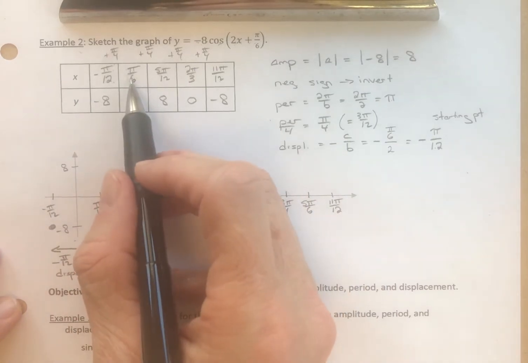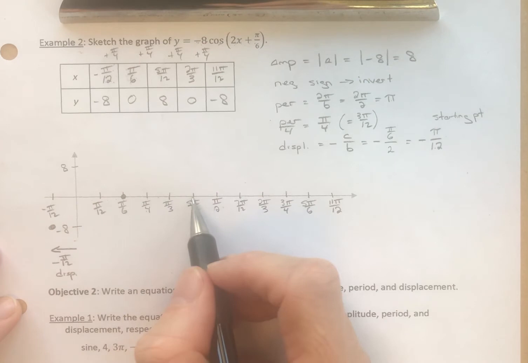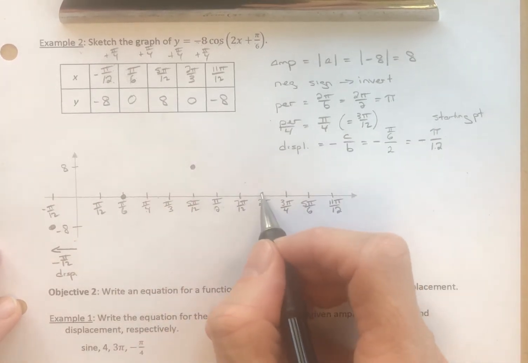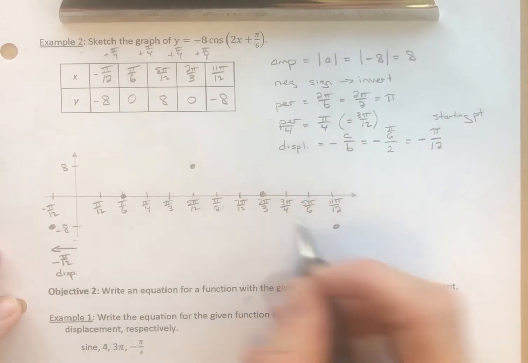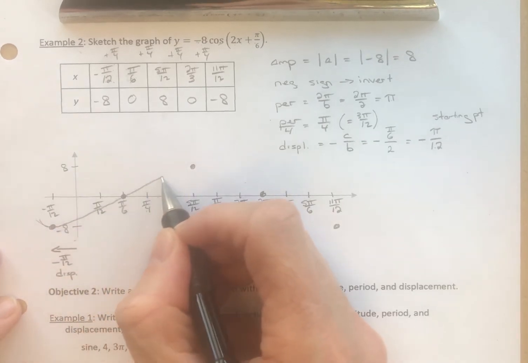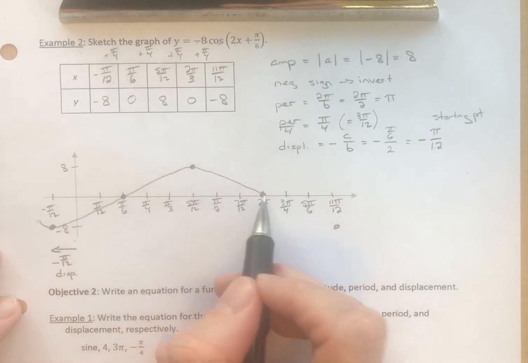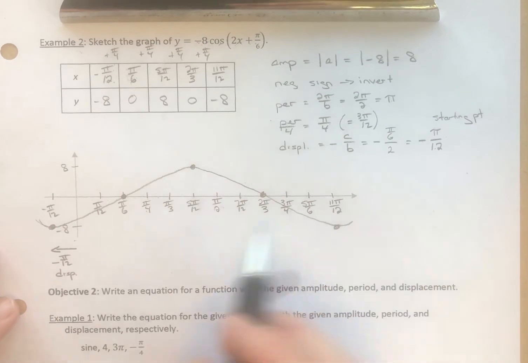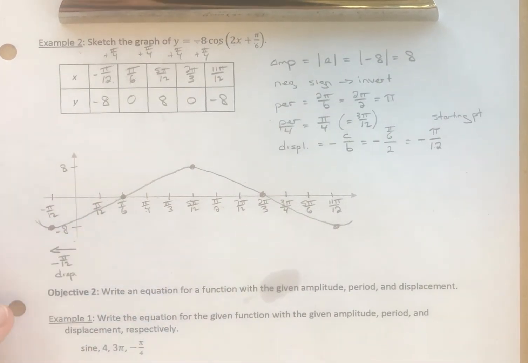And we know that we go to pi over 6, we go to 0, and then 5 pi over 12 is 8, and then 2 pi over 3 is back to 0, and then 11 pi over 12 is back to -8. And this graph has a longer, more stretched out look because my x-axis is counted by pi over 12s instead. But that's your cosine graph inverted from that distance.